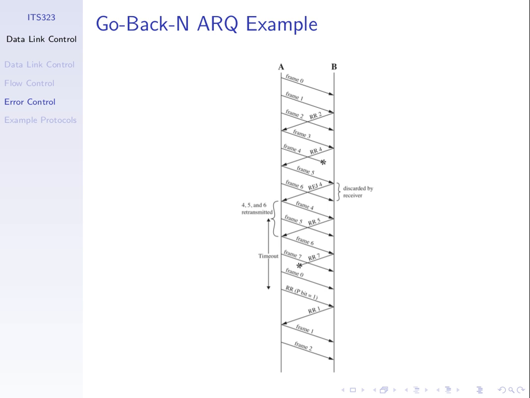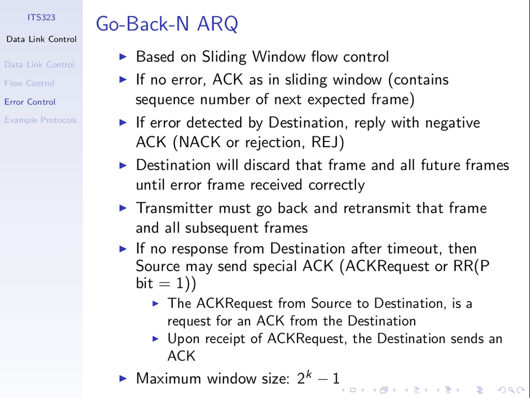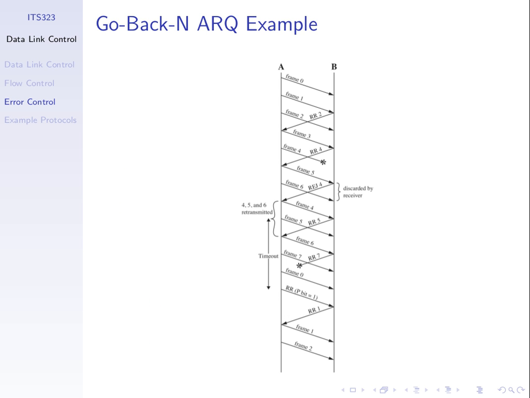What the source can do is send a special message to B asking for another ARQ. It's called a receive ready with a P bit described here. It's what we think of as an ARQ request. It doesn't contain data. This is a request for an acknowledgement.